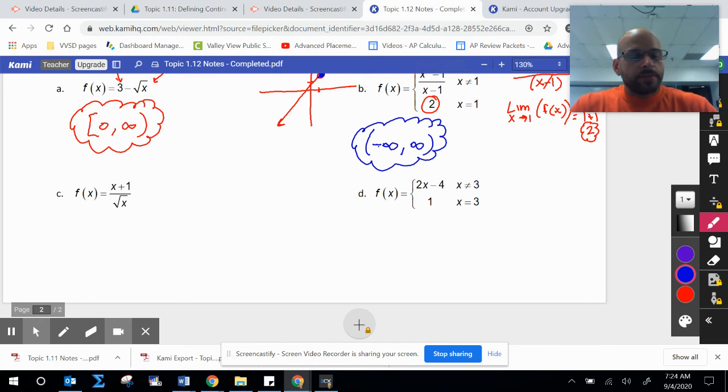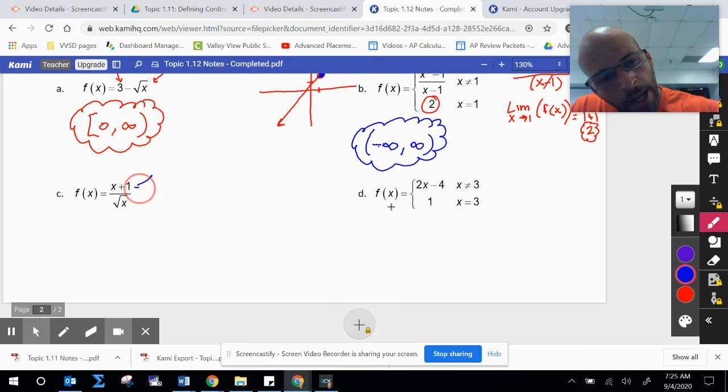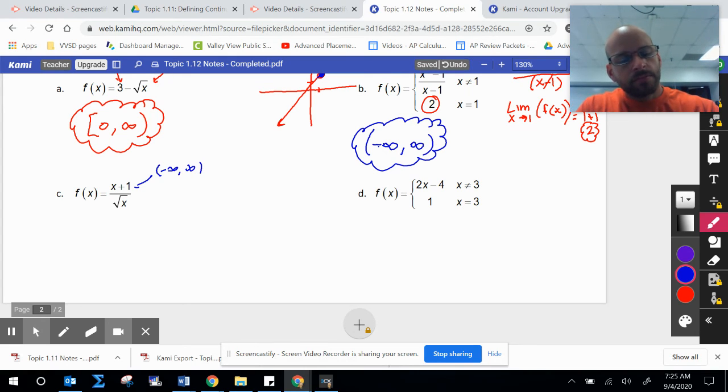All right. Part C. So if we take a look at this, the top is continuous from negative infinity to infinity. The bottom is continuous from 0 to infinity. So I'm going to say preliminary, now I'm going to change this in a minute.